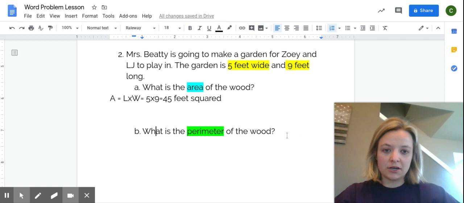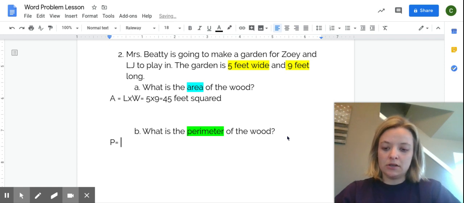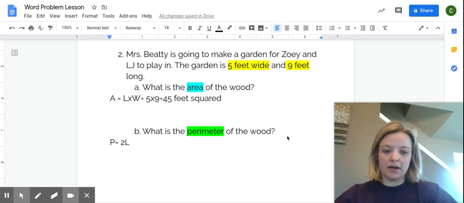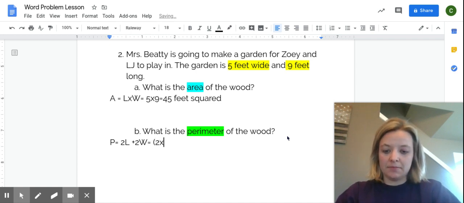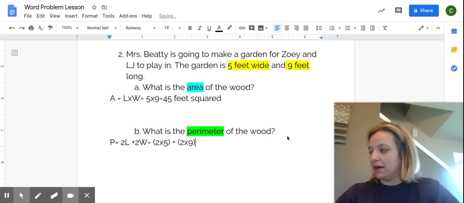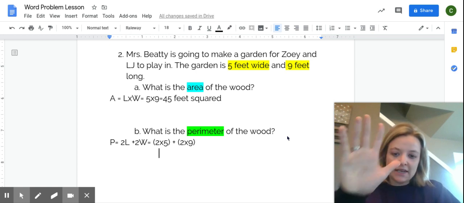And then my perimeter, again, you guys, perimeter, you should be thinking it's the whole distance around. So perimeter equals 2 times my length, since there are 2 lengths, plus 2 times my width, because there are 2 sides. So I'm going to have 2 times 5, which is my length, plus 2 times 9, which is my width. So if I look, 2 times 5, 2, 4, 6, 8, 10.